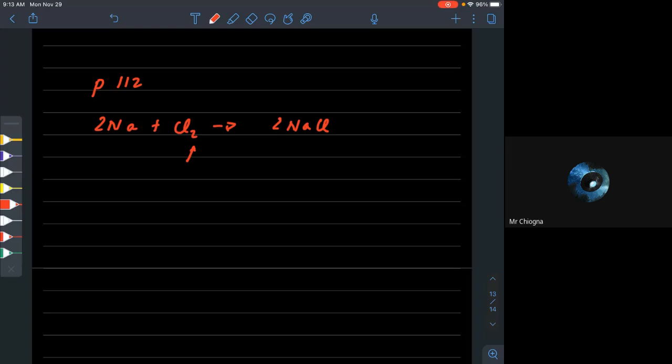You've got element plus element produces a compound. So it's synthesis.